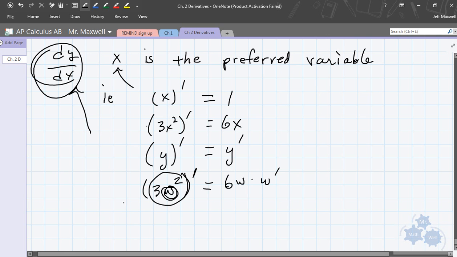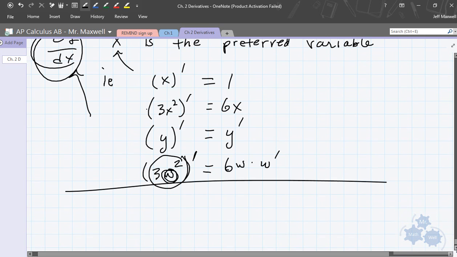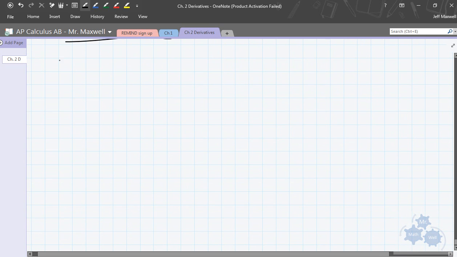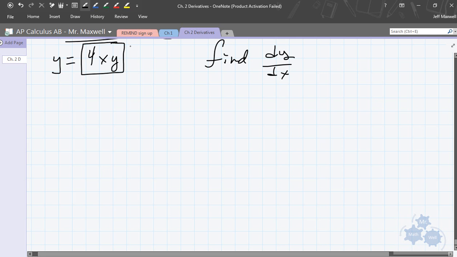Okay. All right. Another simple example. Let's say y equals 4xy. And I want you to differentiate that. Okay? So find dy with respect to x. Well, you might say, hey, that's just a monomial, right? 4xy. So why can't I just apply the rules?